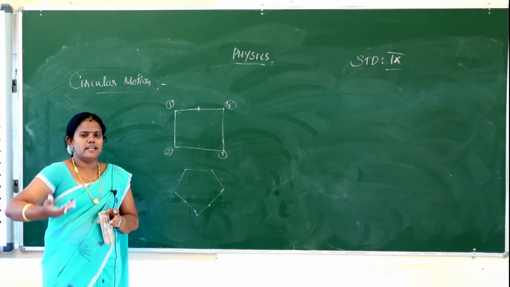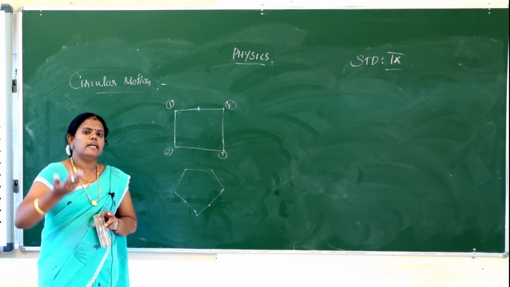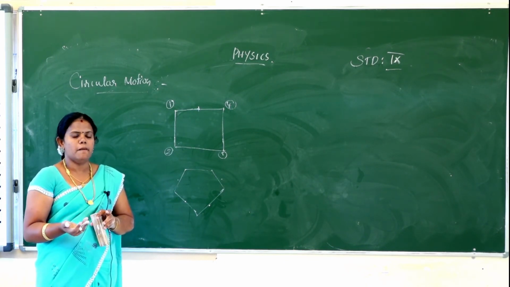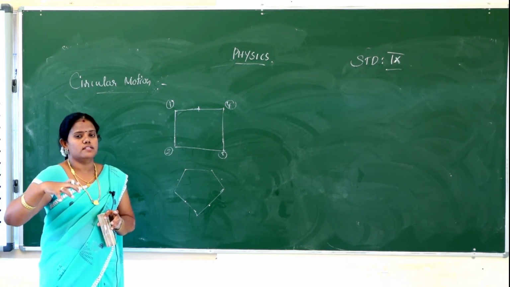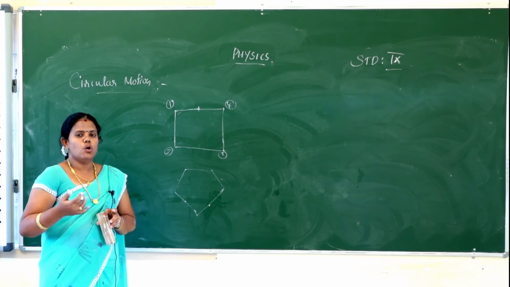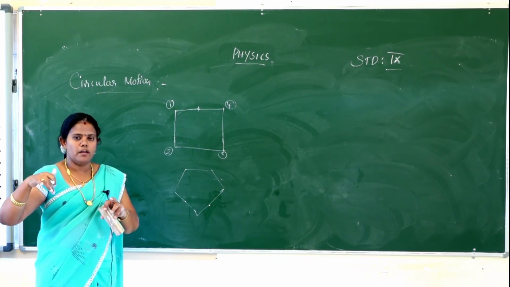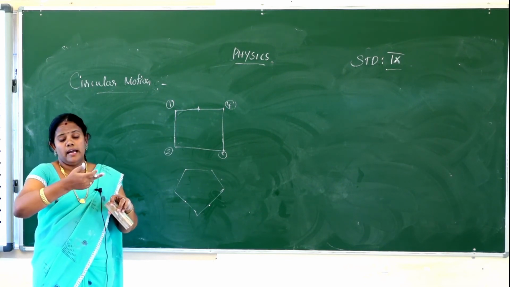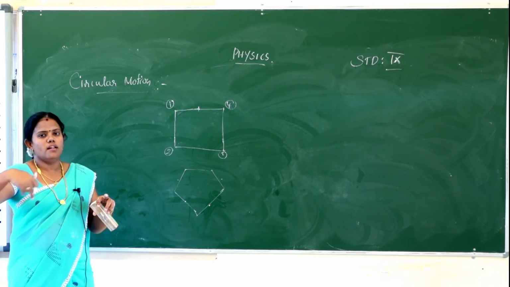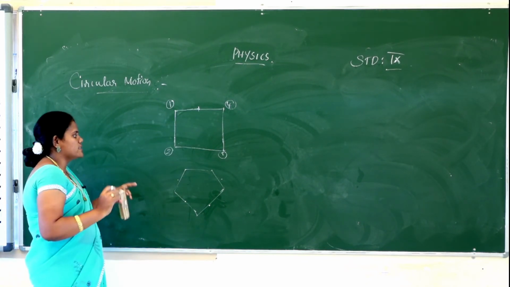Automatically, it changes direction 6 times, 9 times, 10 times, and with 10 sides the sides are nearly equal at all points. So the motion becomes circular motion, because the object starts from one point, moves continuously along all the sides, and reaches the same point. So it is called circular motion.